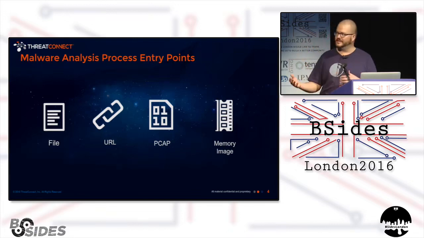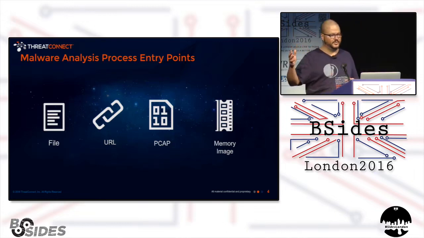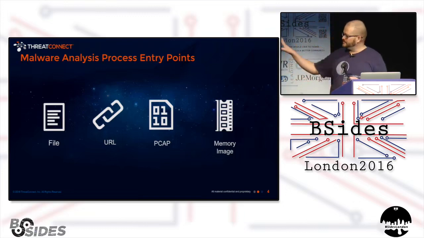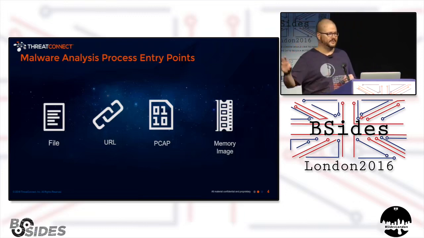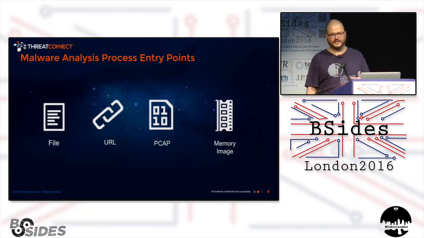Typically it's buried in a phishing email, and they may click a URL that looks like a LinkedIn request or something like this. So these are another entry point to the malware analysis process that we're going to talk about. And then the last two may be a little bit less obvious, but these are really rich ways that you can get more information about malware.